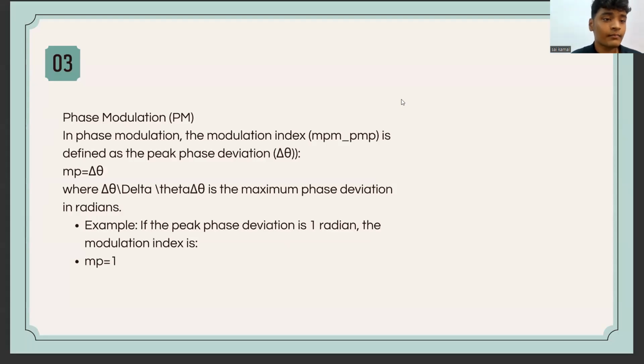Next, last one, we have phase modulation. In phase modulation, the modulation index is defined as Mp equals delta theta, where delta theta is the maximum phase deviation in radians. For example, if the peak phase deviation is 1 radian, the modulation index is 1.